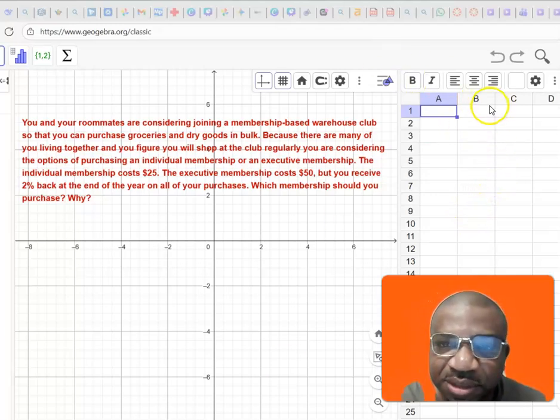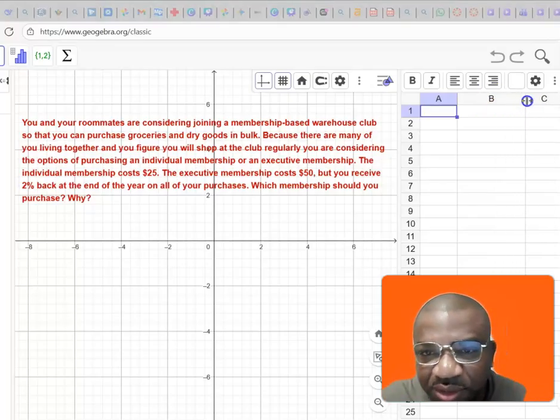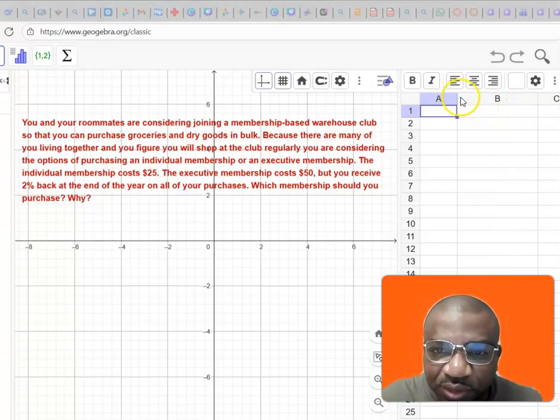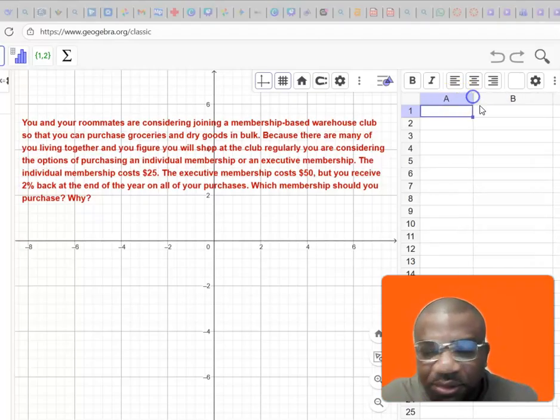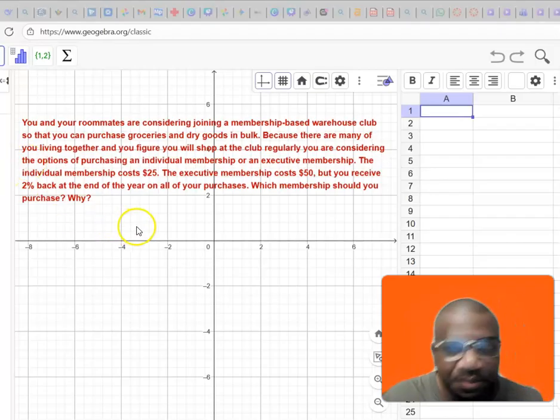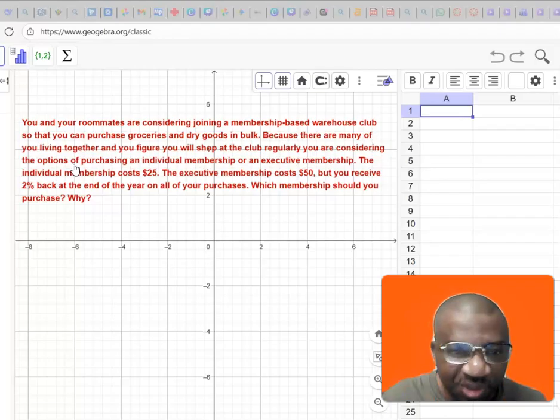So let me adjust this a little bit so that we can have a better view of what we are doing. Good. So now, like I say, it's very important to read the question very well to understand what is needed to be done.